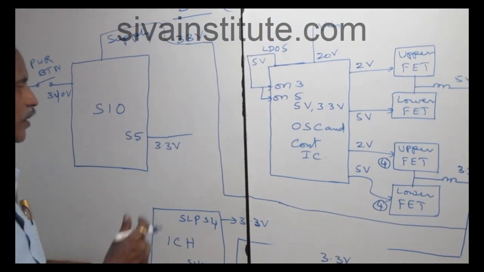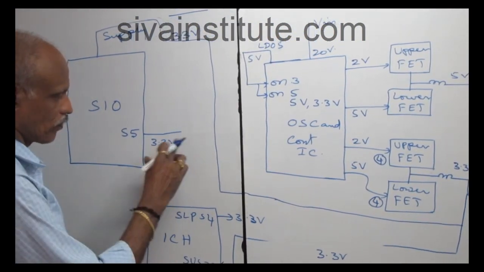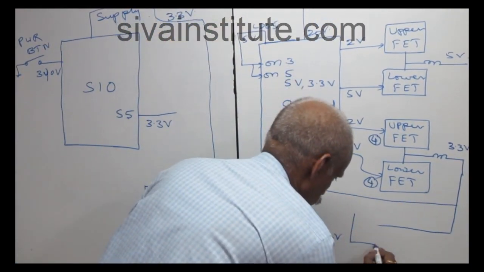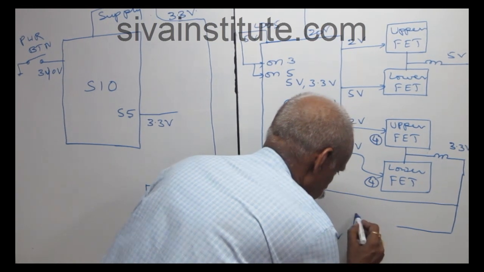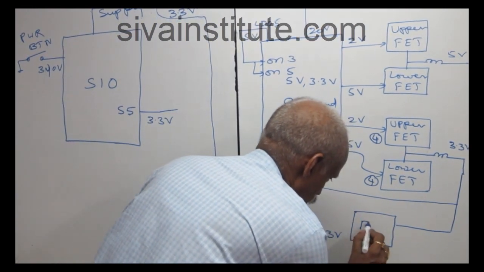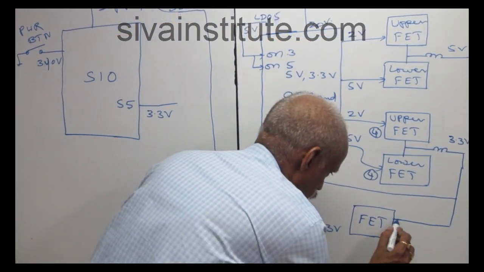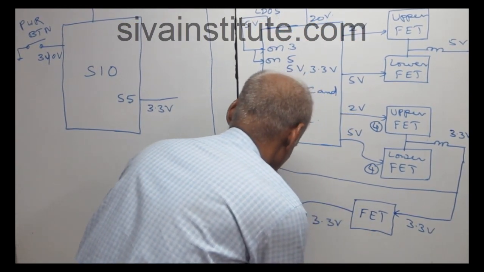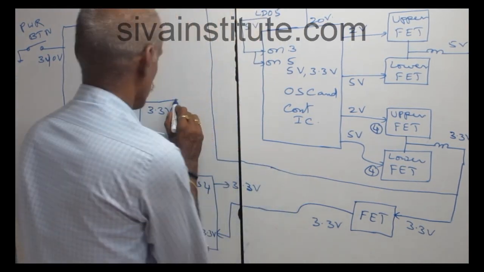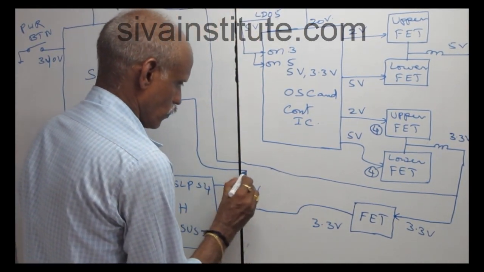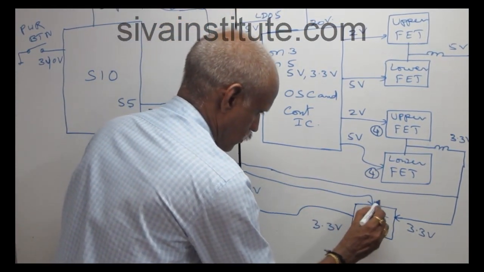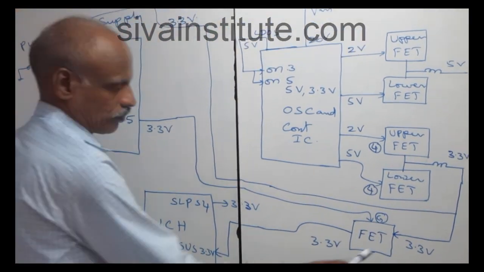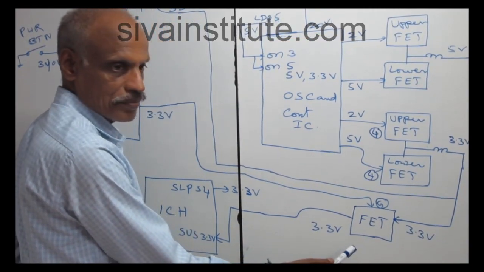After pressing the power button, this command comes out as 3.3 volts S5. This voltage goes to this, which is another FET. Another FET comes here.